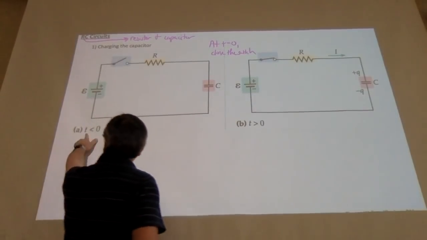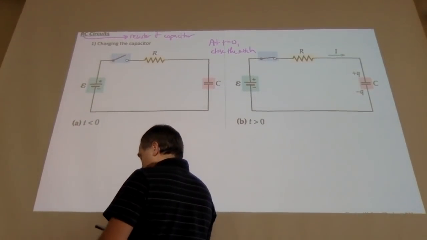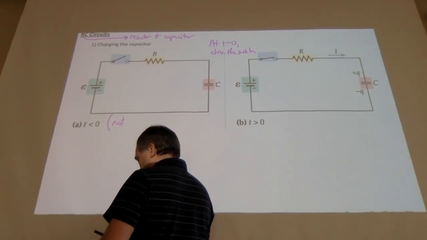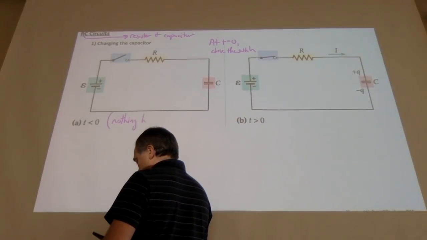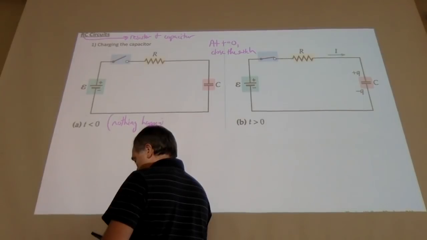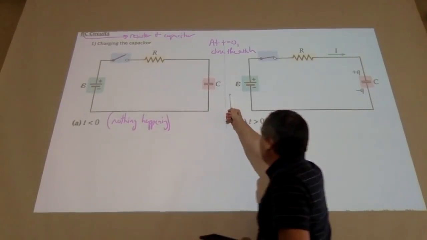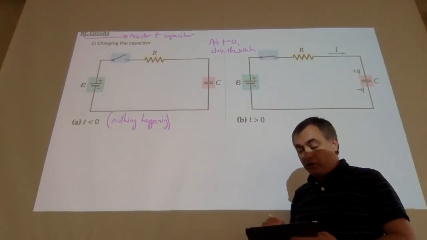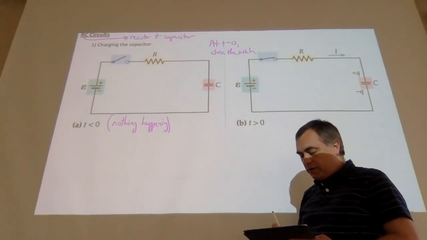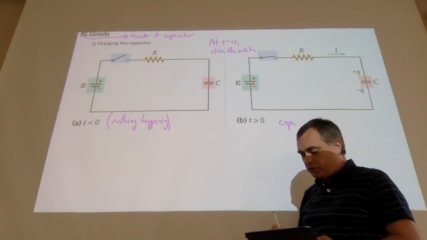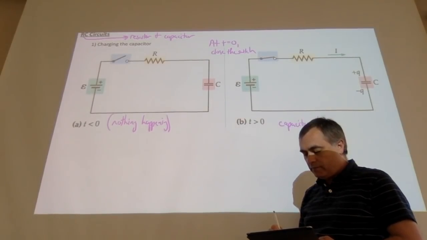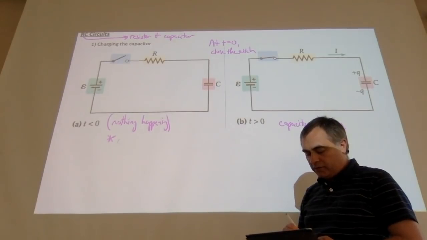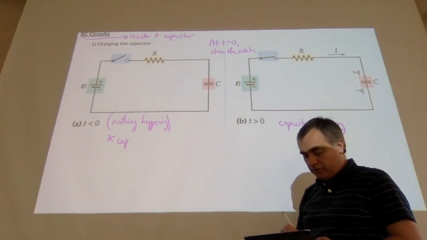At earlier times, the switch is open, nothing is happening. And then after t equals 0, the switch is closed, and current is flowing toward the capacitor, and we would say here that the capacitor is charging. At the beginning, the capacitor is uncharged.